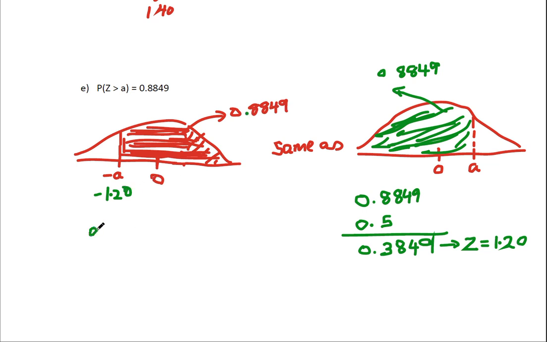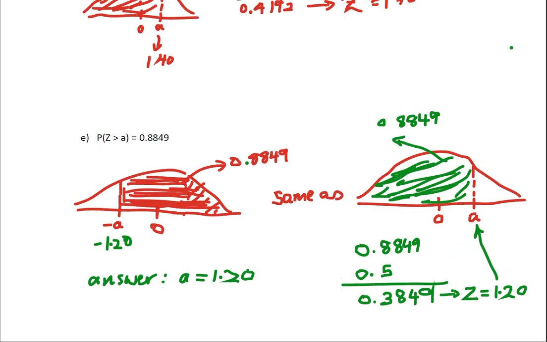So the answer is that the value of A is negative 1.20. And that's how we deal with these situations.